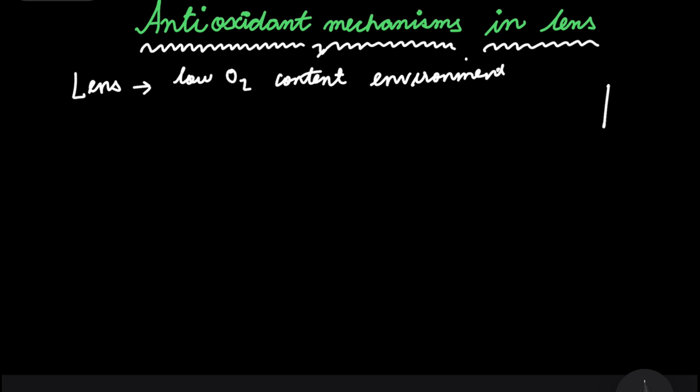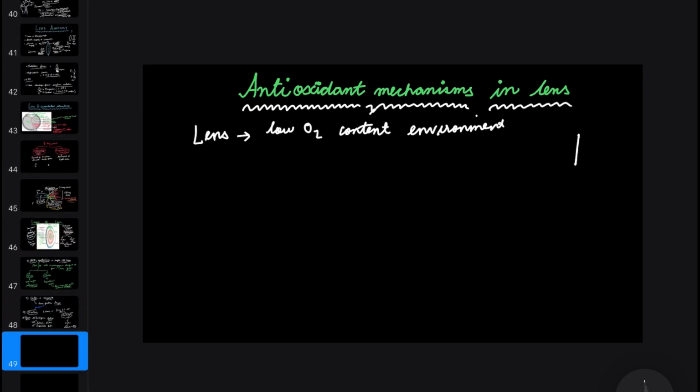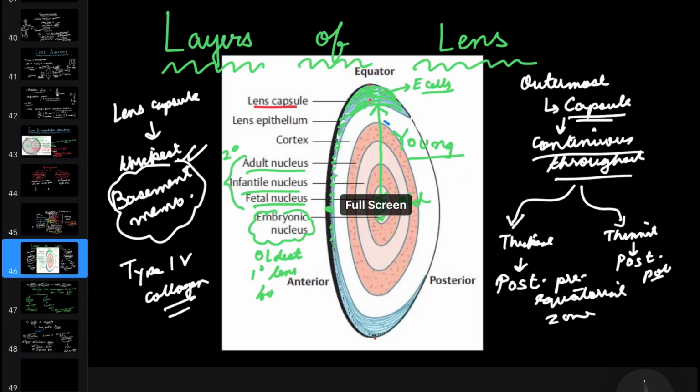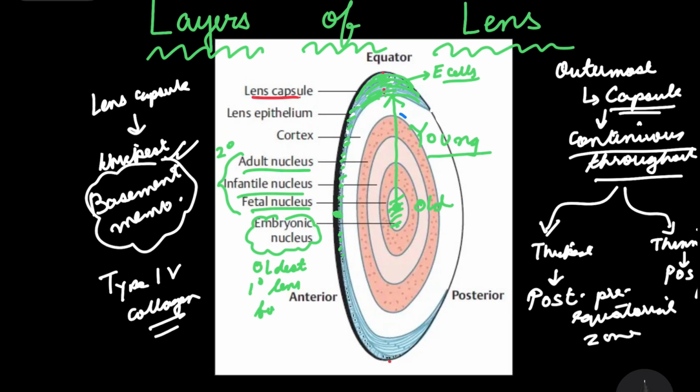See, the lens, at the end of the day, what is it composed of? We already saw this in the previous video, right? If I go back to my previous video and show you the different layers, you will see that the lens is made up of different layers, and the layers are made up of mostly different cells.